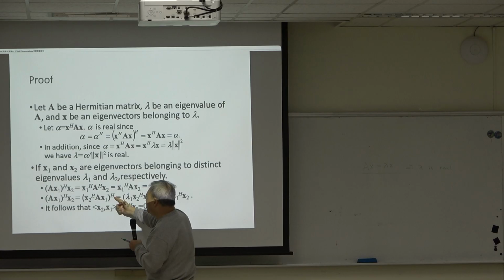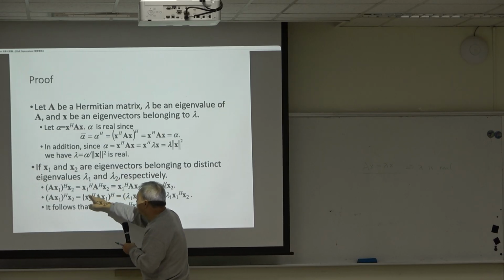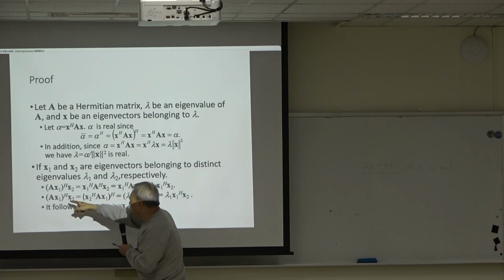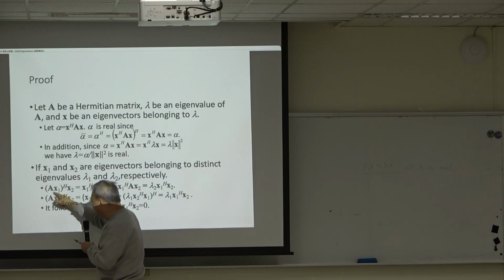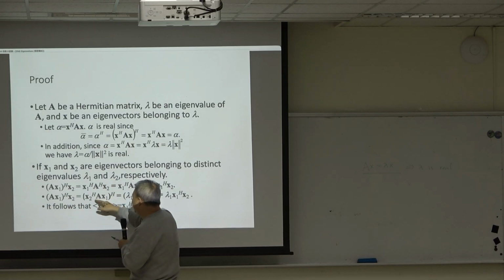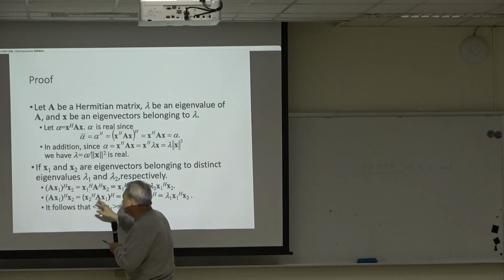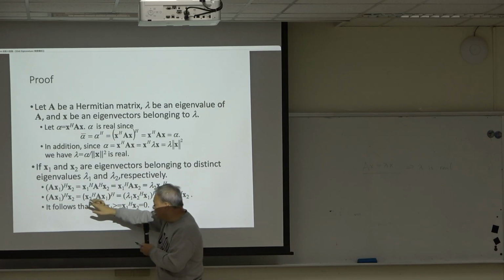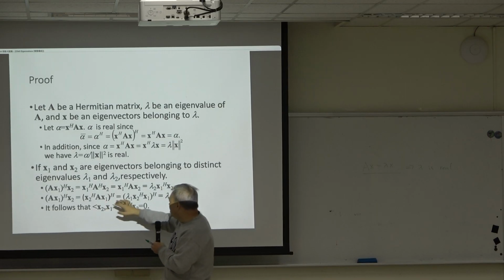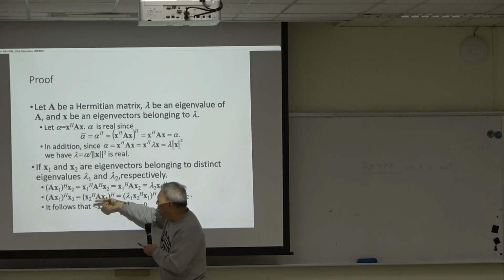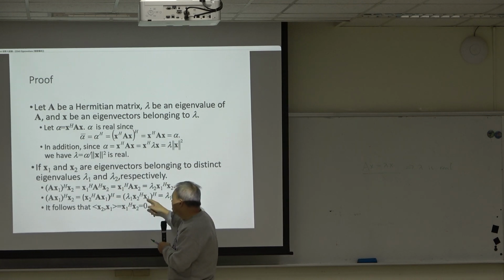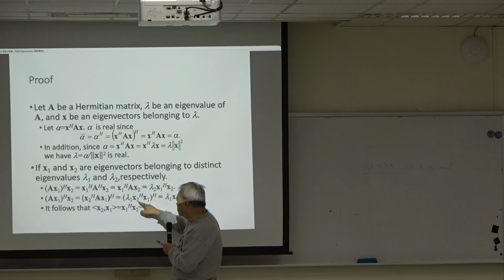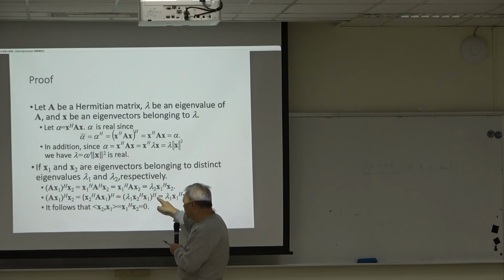Why? Because if you apply H here, x1 goes to the front as x1^H, then A^H, and x2^H^H, which is x2. According to our definition, Ax1 is lambda 1 x1, so we can put lambda 1 here, giving (lambda 1 x1)^H x2.